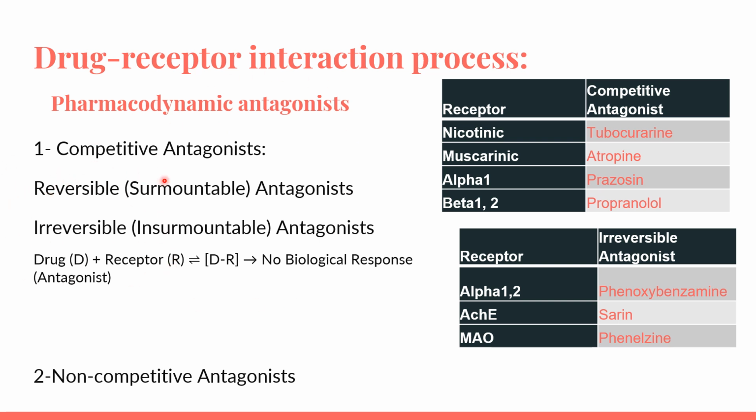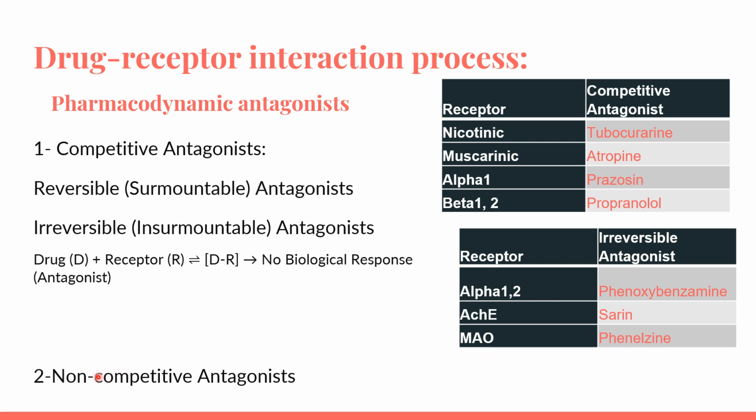These competitive antagonists bind to the ligand binding site on the receptor in order to exert their antagonistic effect. Here we have some examples of competitive antagonists like prazosin, which is an alpha-1 blocker that is used in the treatment of benign prostatic hyperplasia, also known as BPH.